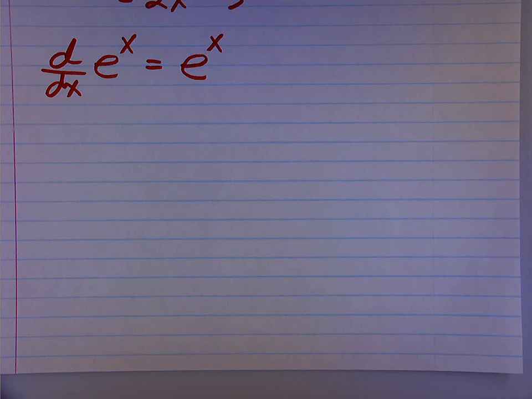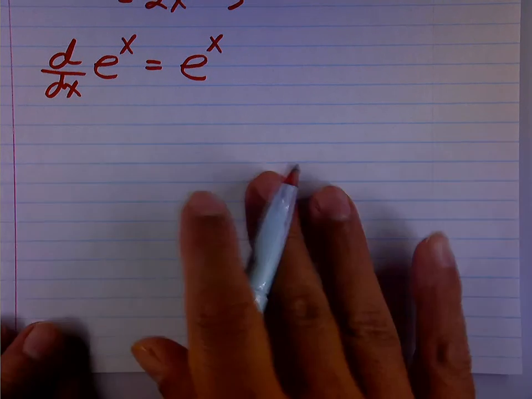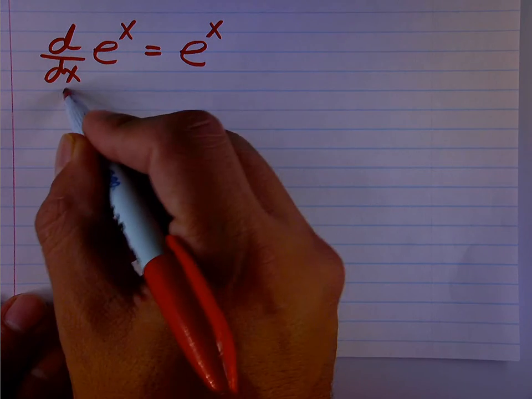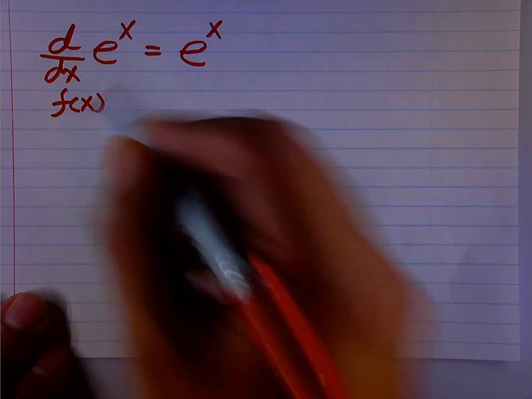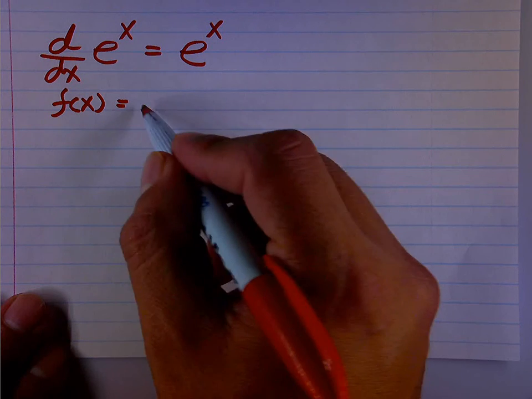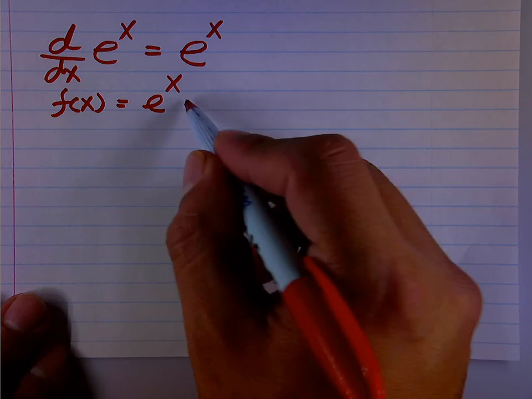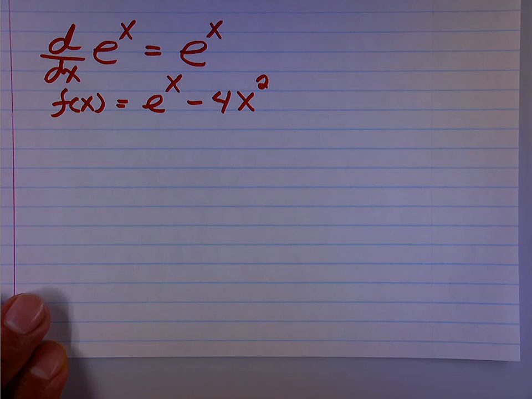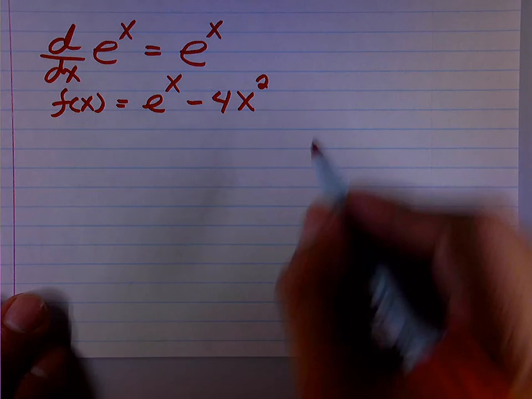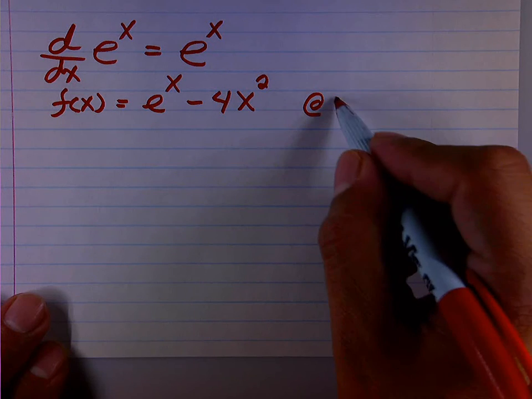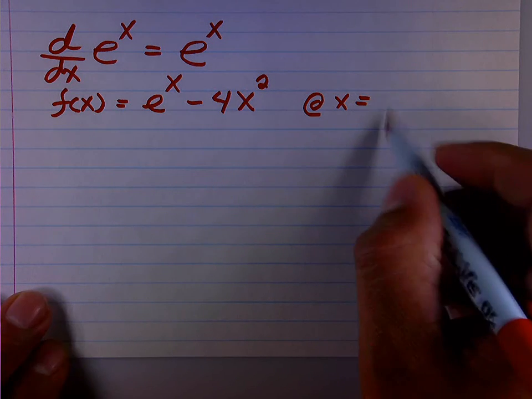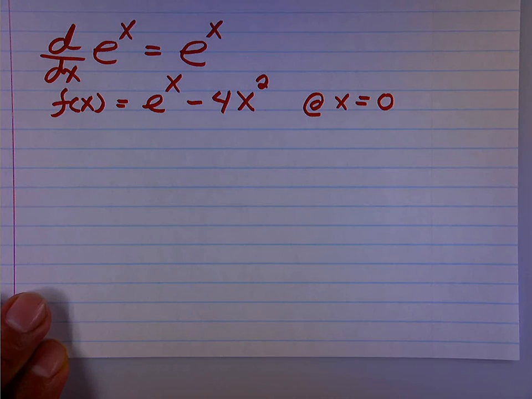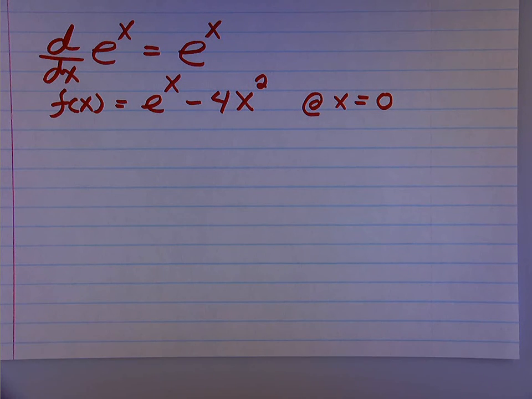So, let's take a classic example and we will find a tangent line. Given an equation, we're going to find the tangent line of this function at x equals 0.